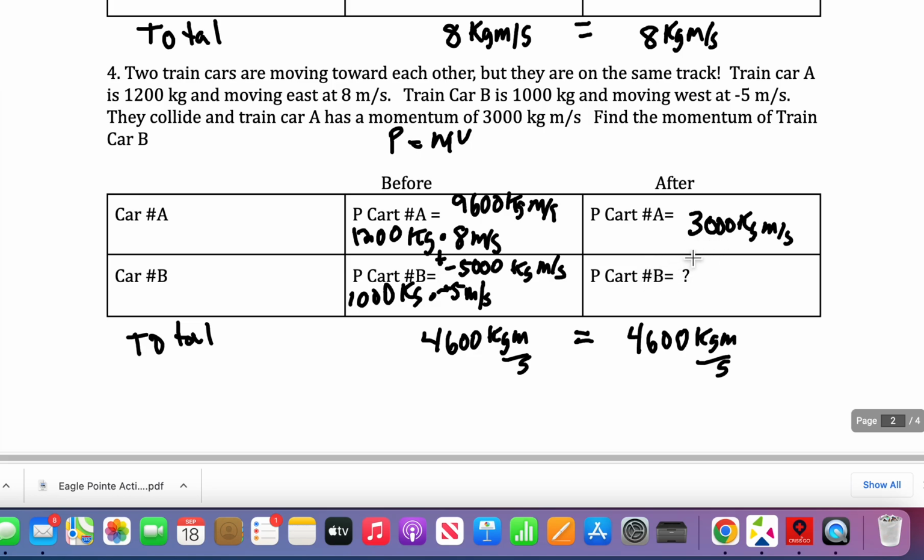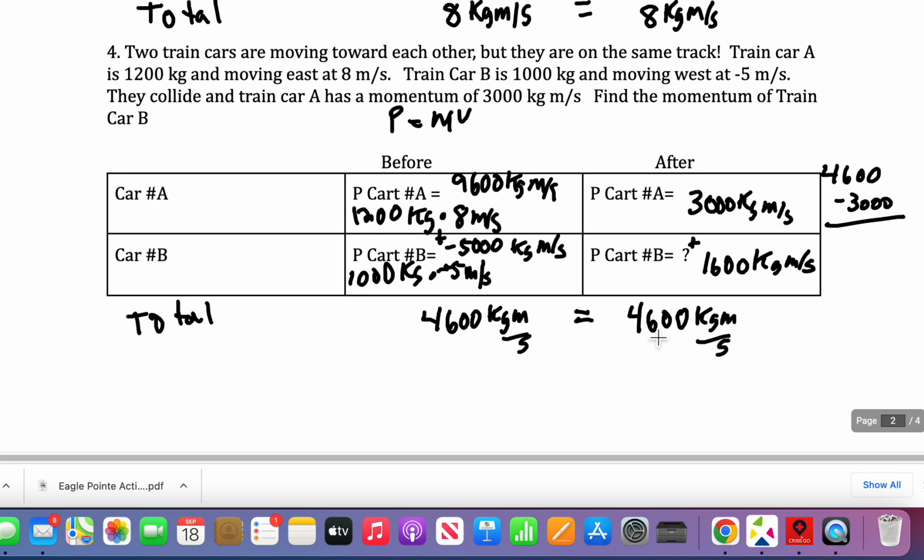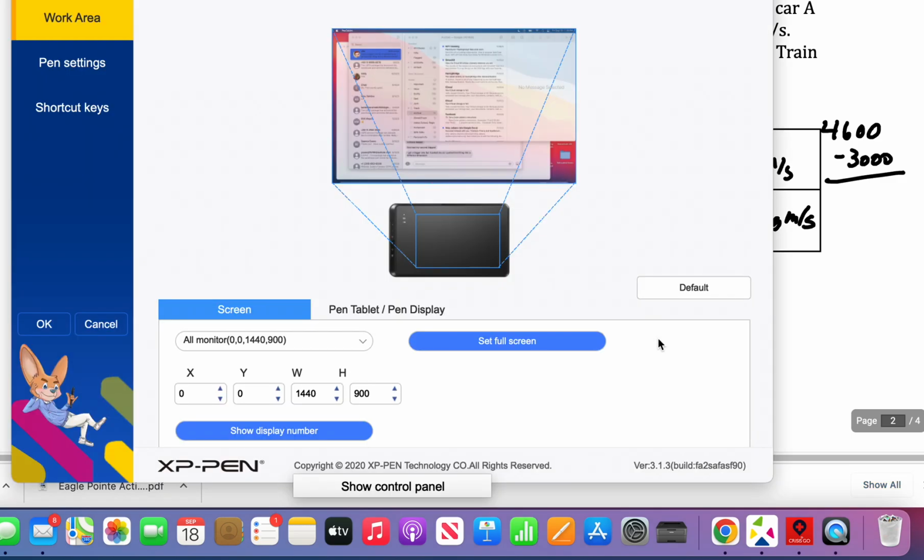But anyway, so 3,000 plus what number equals 4,600? Okay, well, you could just go 4,600, subtract 3,000 if you wanted to do it that way, and you would get 1,600 kilograms meters per second. Then just double check, if you add these two together, does that equal 4,600? And it does. Okay, that's it with page 2.